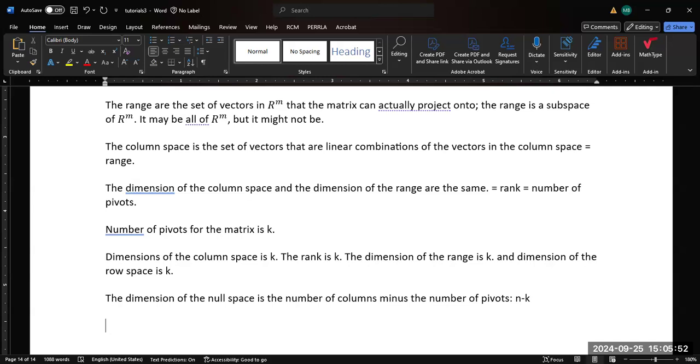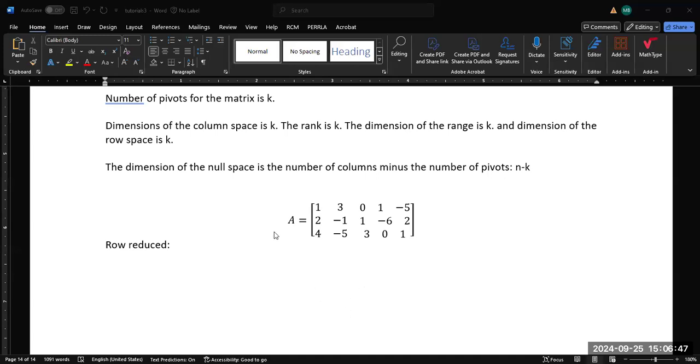Now let's look at a specific example, and then we'll look at, again, just calculating these from a generic perspective. Suppose that we have a matrix A, and I used this in a previous video.